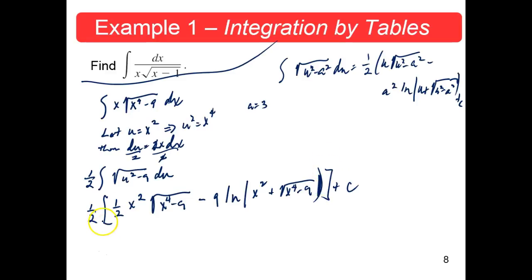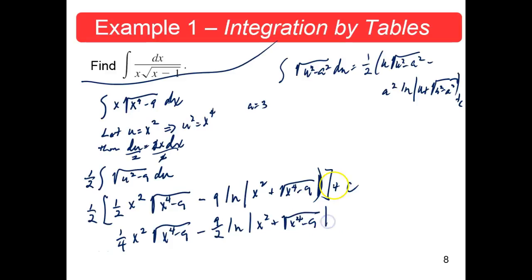So what would this be? 1/4 x squared times the square root of x to the 4th minus 9 minus 9/2 log absolute value x squared plus the square root of x to the 4th minus 9 plus C.